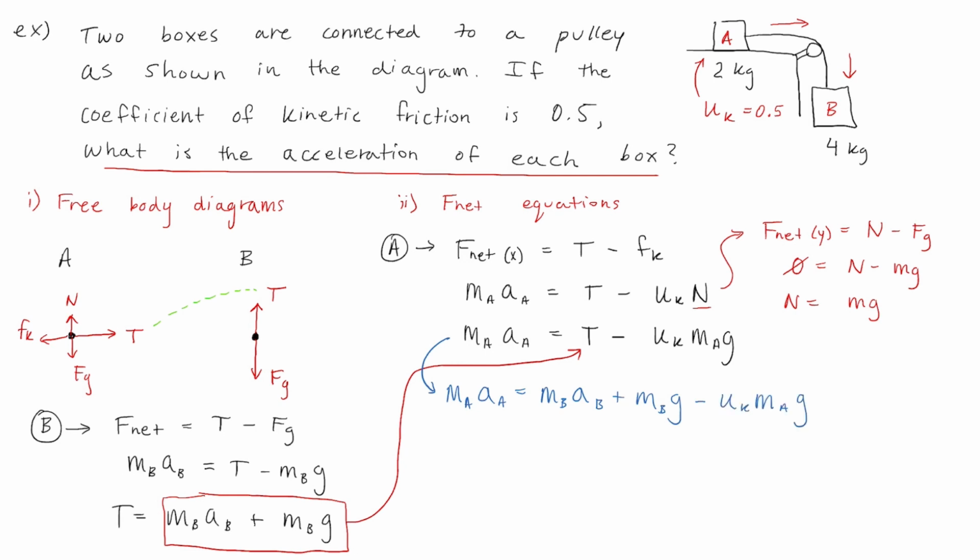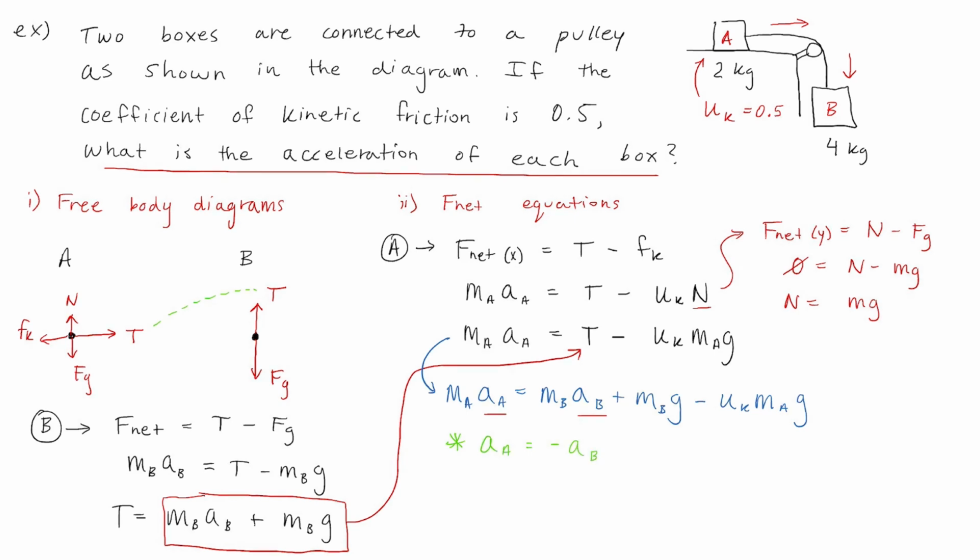And looking at this equation, the only variables we don't know are the accelerations a for box A and a for box B. But remember, these two boxes are connected by a rope and they're moving together. So their accelerations are going to have the same magnitude, but different directions.